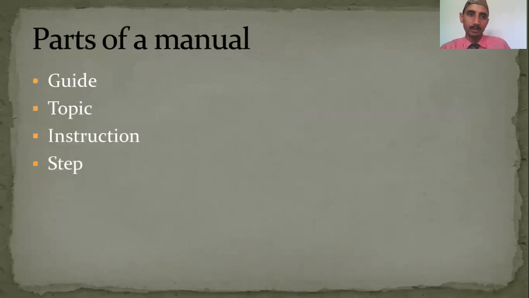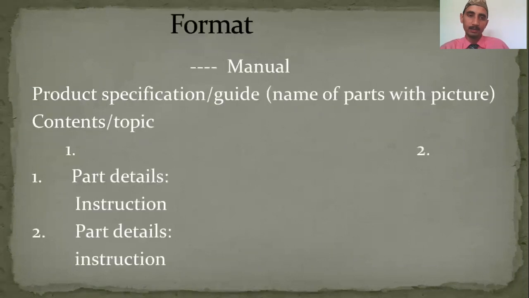Okay, now let's see the next one. How many parts does a manual have? Usually a manual has 4 parts: guide, topic, instruction, step. Instruction and step are almost the same, right? Let's see one example format. First of all, there is the topic, which is your manual.